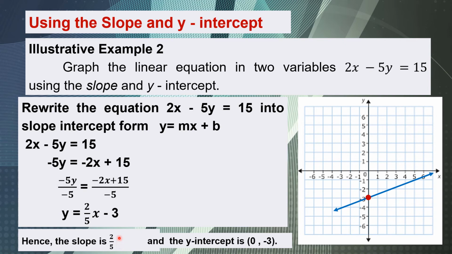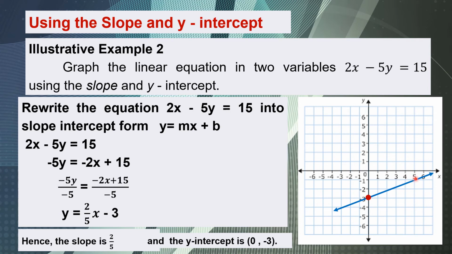bibilangin na natin yung ating rise over run, which is 2 over 5. Our rise is 2, so since it is positive, magbilang tayo ng 2 units upward. So, from this point, 1, 2. At yung ating run is 5. So, since positive yung 5, we move 5 units to the right. 1, 2, 3, 4, 5.